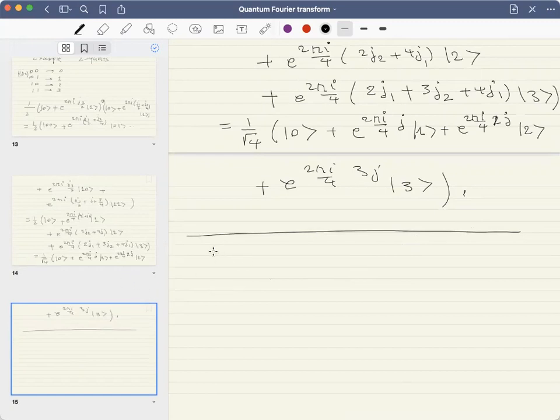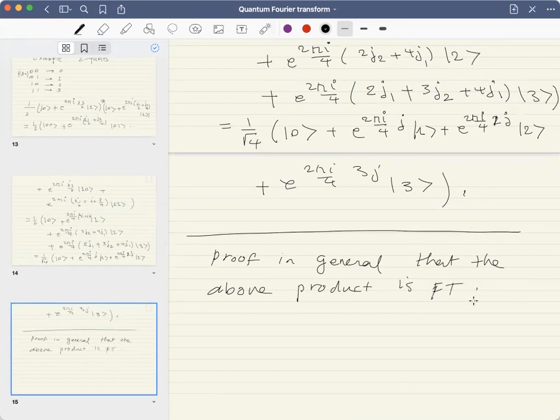So I want to show that the above product is the Fourier transform. So let's look at it. So I have 2 to the n over 2, then there's a sum k equal 0 to 2 to the n minus 1.